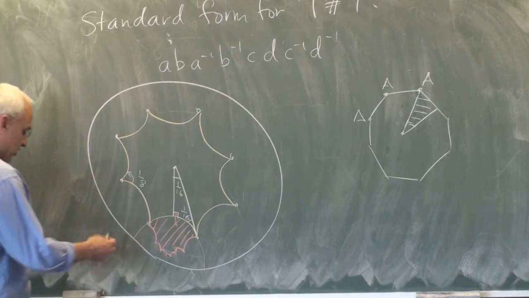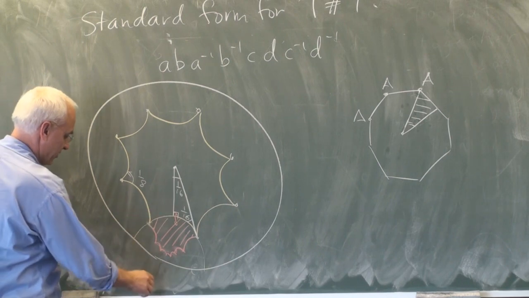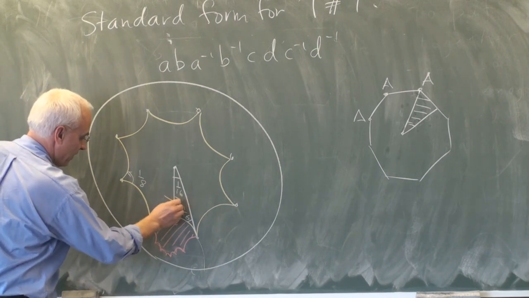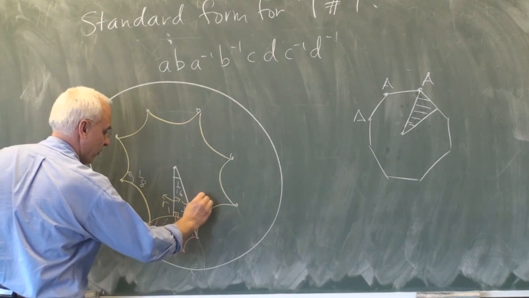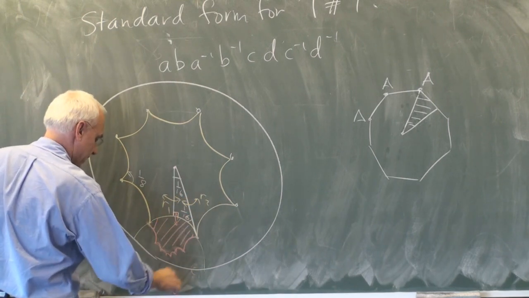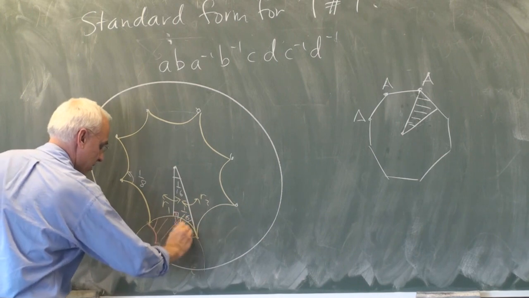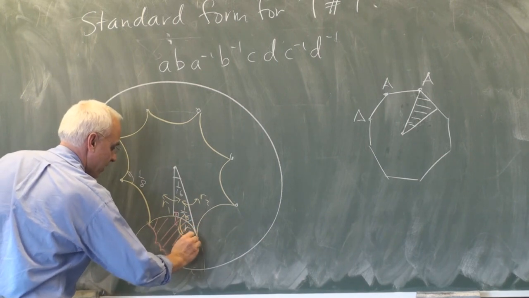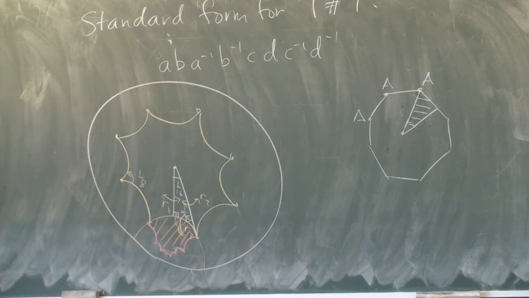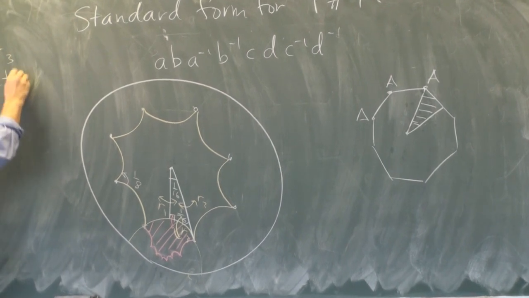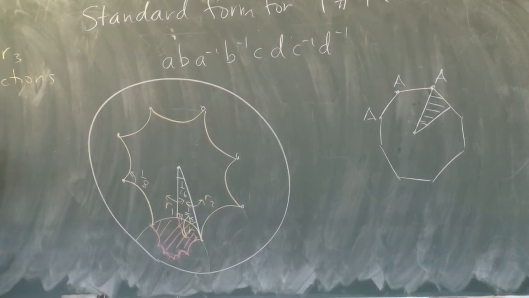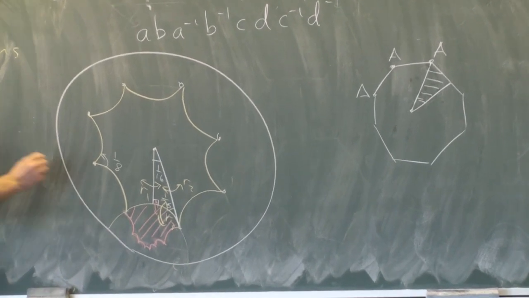Well, the reflections in its 3 sides are given some names. If that reflection is called R1, and that reflection is called R2, and that reflection there is called R3, then R1, R2, R3 are reflections in this sort of basic triangle.